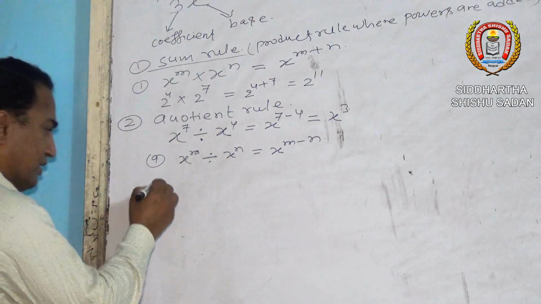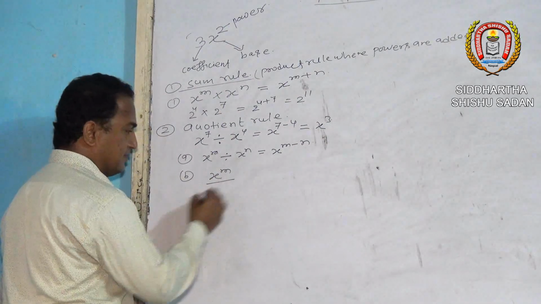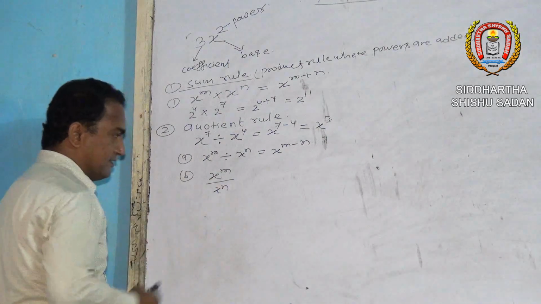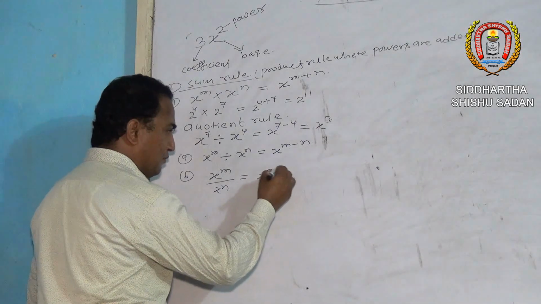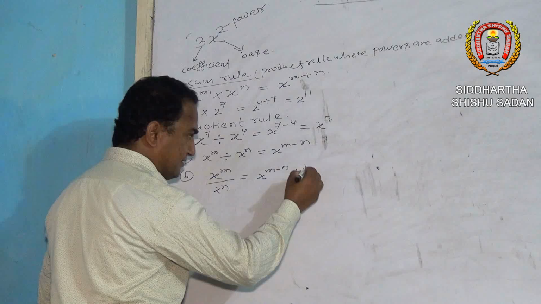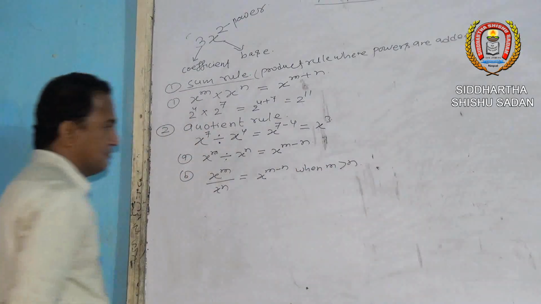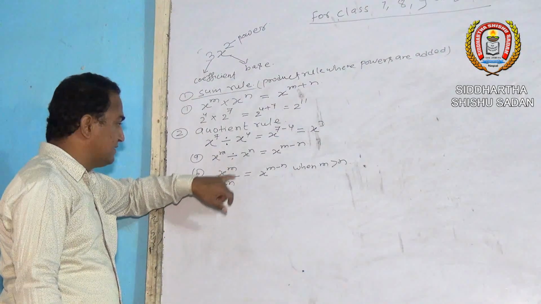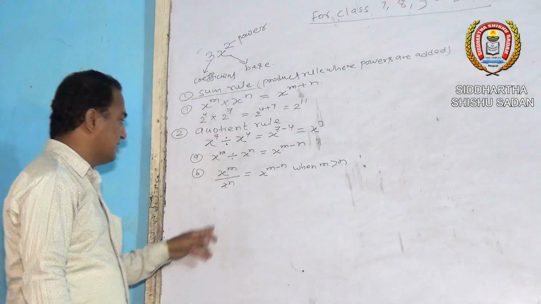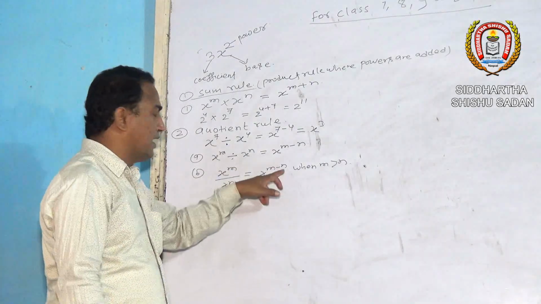Next is rule number B. X to the power m by x to the power n is equal to x to the power m minus n when m is greater than n. When the power of x, m, is greater than n, in that condition this power should be subtracted in the upper part.